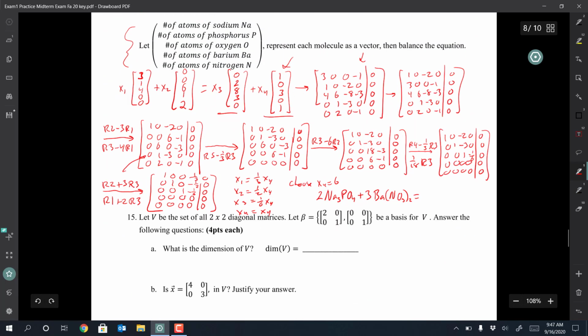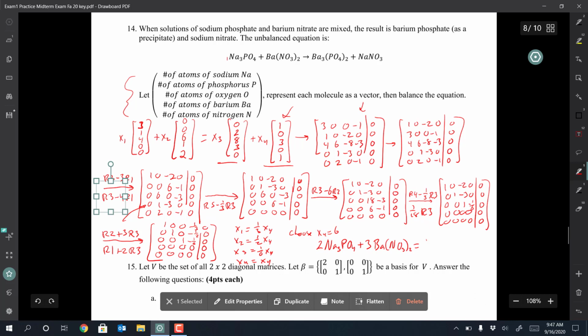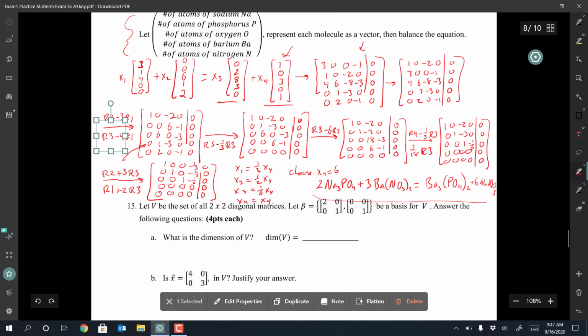And that should be equivalent to, if x4 is 6, x3 is 1. So 1 times this molecule. And lastly, x4 is 6, so it'll be plus 6 of the last molecule. All right, and that would be the balanced chemical equation.